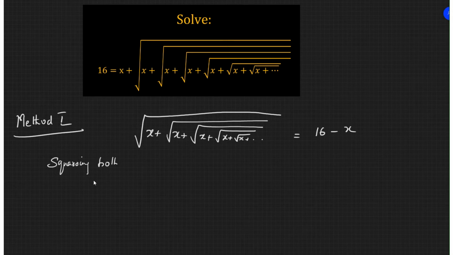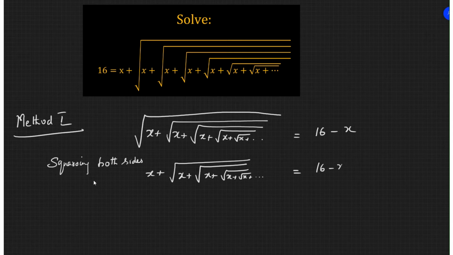When I square both sides, I get x plus square root of x plus square root of x plus square root of x plus etc. equal to 60 minus x the whole square.